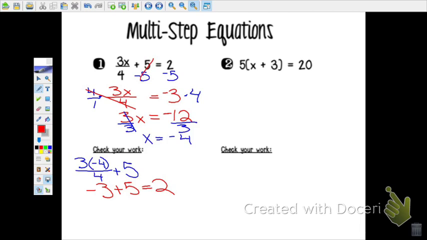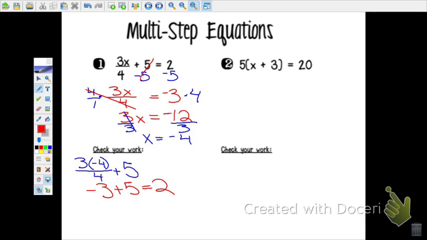So we have 2 different options here with number 2. Okay? When we think about what we're doing when we are solving an equation, we want to undo. That way, the thing that we should do is to get rid of this 5.